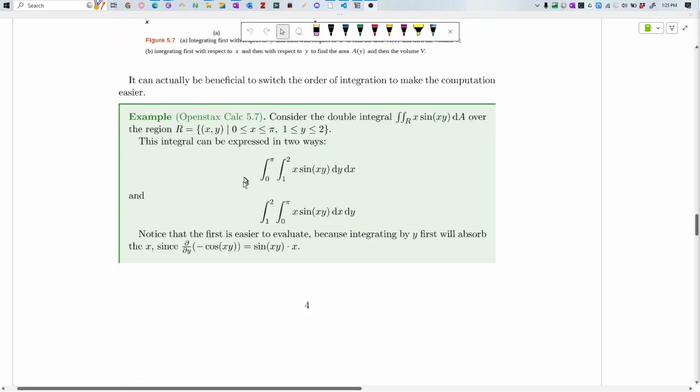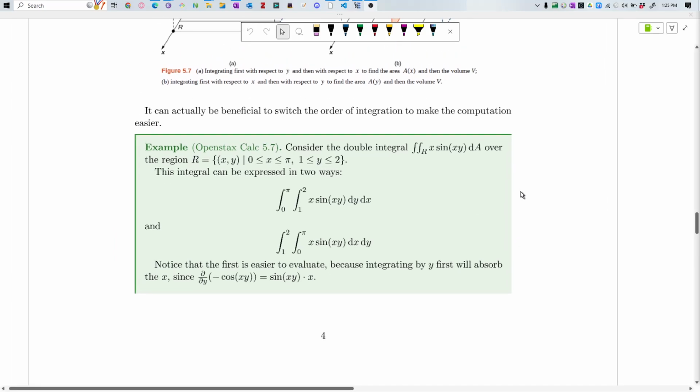Right. And this example, I have a bit of a gripe about your homework problems in that they didn't quite show you this property, which is that sometimes you are forced to integrate in one order versus another. Well, maybe not forced, but one way would stand out as being considerably easier than the other.